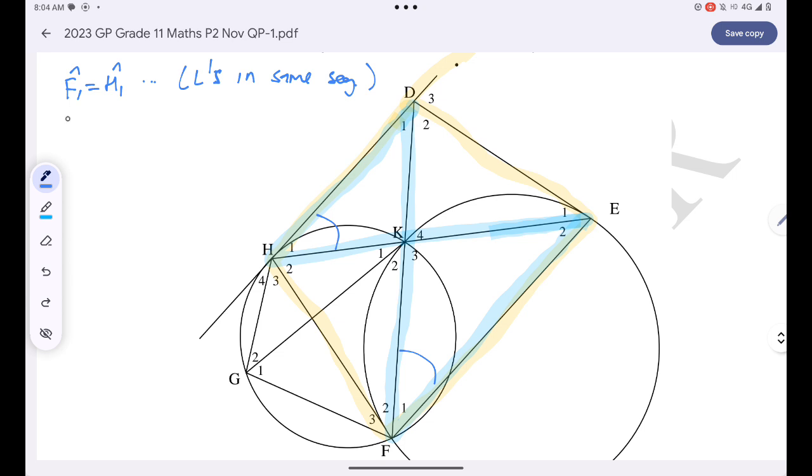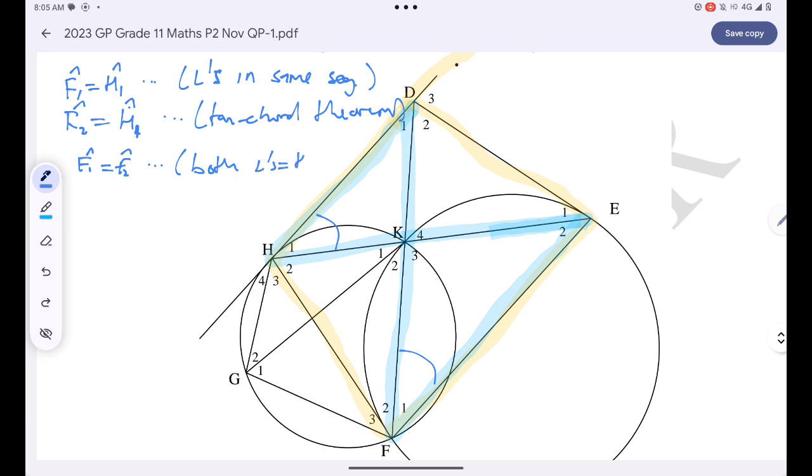Initially, I've said that angle F2 and angle H1 are both equal because of the tan chord theorem. Are you together? So this simply means that both F1 and F2 are the same because both of the angles are equal to angle H1.